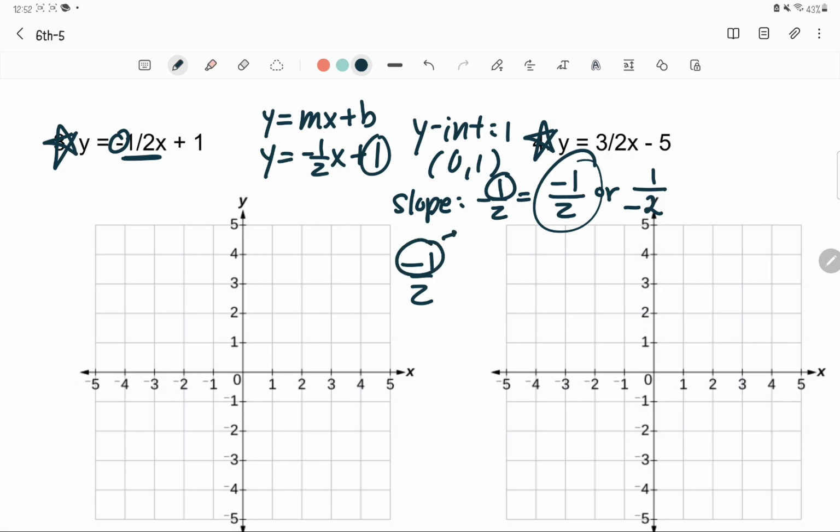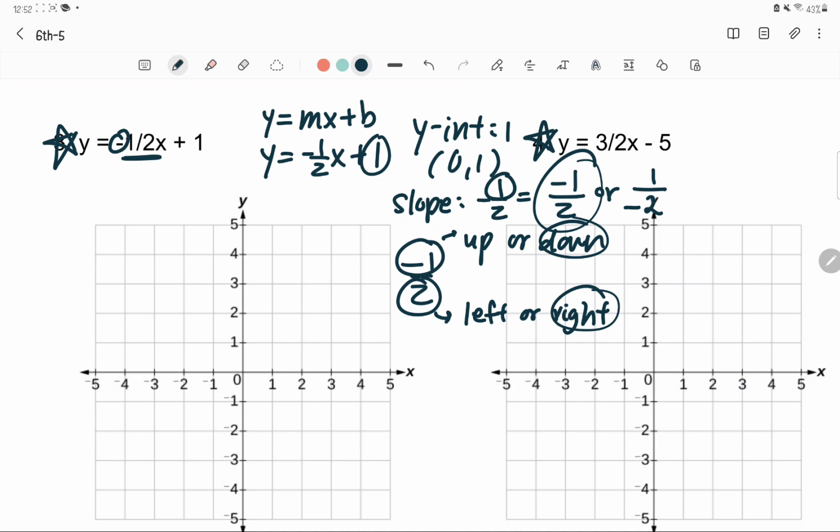Like I said, the numerator is either up or down, and the denominator is either left or right. Since 2 in the denominator is positive, you go right, and the negative 1 is negative, so it goes down.